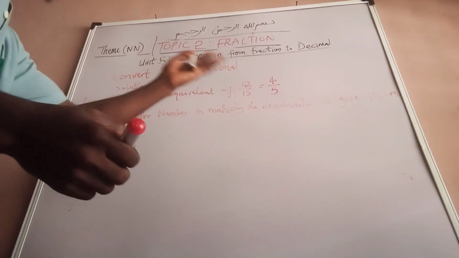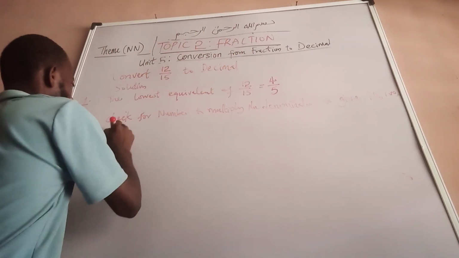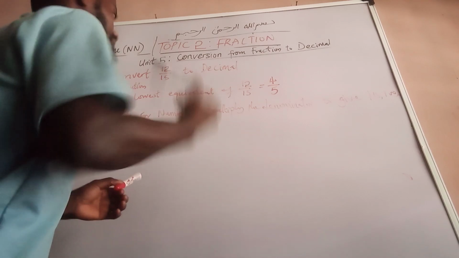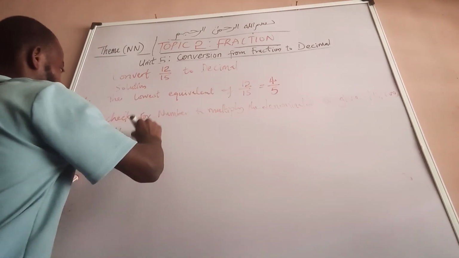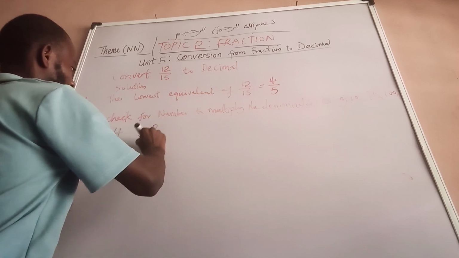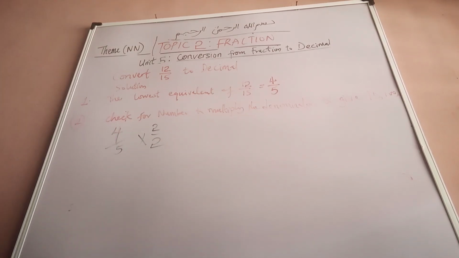Now, because we can get 10 with 5 and 2, we say 4 all over 5, 4 over 5 times 2 all over 2. Yes or yes? 4 over 5 times 2 over 2.